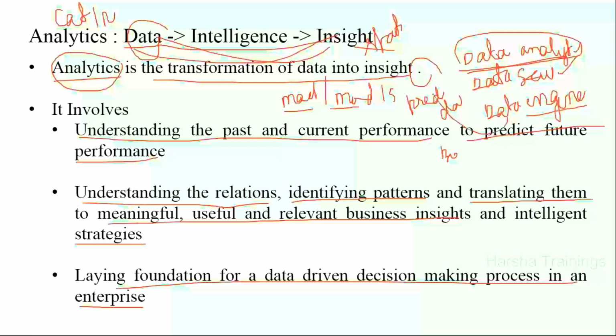The data engineer. The role of a data engineer is to prepare either structured or unstructured data for a data scientist. The data scientist simply creates machines, models, or software. Clear? You got the difference between data scientist and data engineer?